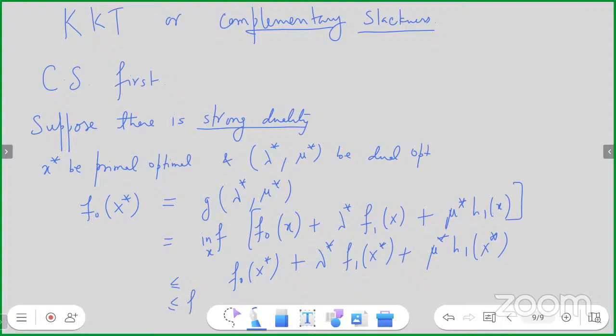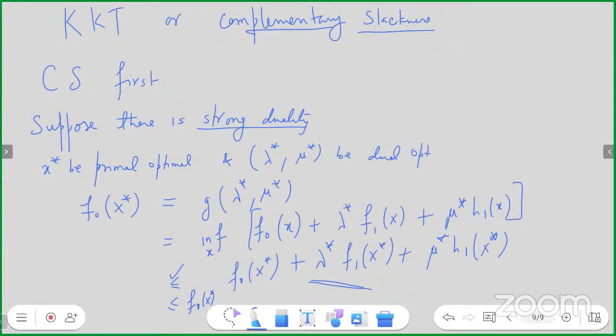So what does it tell us? It tells us that this inequality over here is actually equality. Because where we started from, we ended up at the same point. And what's the only way you can do that? This product better be 0. So either lambda star is 0 or the constraint is tight. That is what is called complementary slackness. So if strong duality holds, this is what you get.